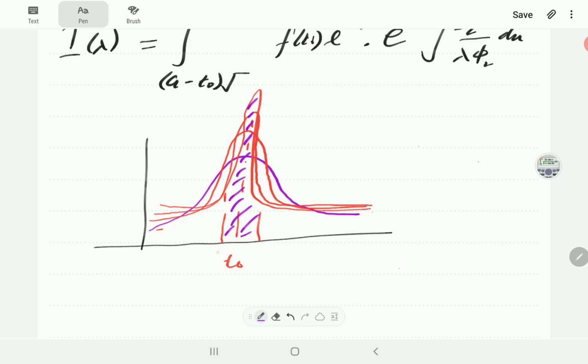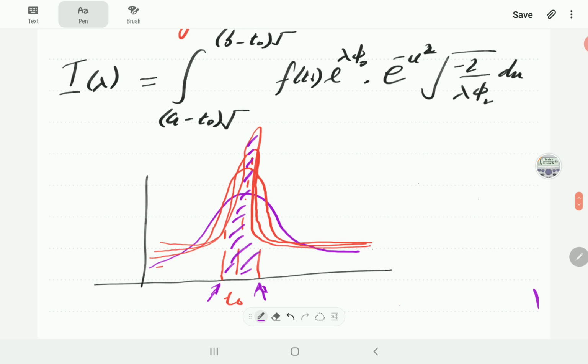So then integrating from here to there is going to take all the contribution. So whether we integrate from here to there or from negative infinity to infinity, those two should be comparable, because all of the contribution is just from here.